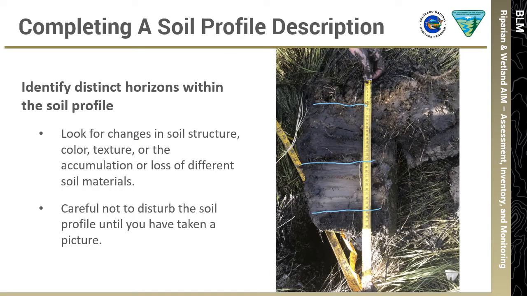Next, identify distinct horizons within the soil profile by indicating with the golf tees where they start and end. Look for distinct changes in soil structure, color, texture, and/or the accumulation or loss of different soil materials, such as minerals. Be careful not to disturb the soil face until you have taken a picture.